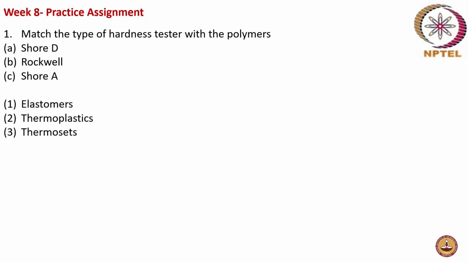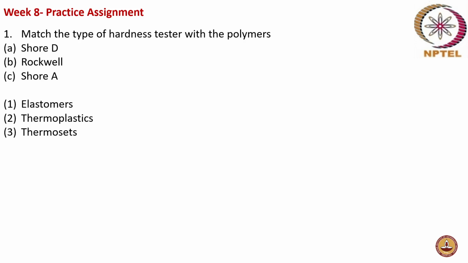The first question is, match the type of hardness tested with polymers. There are three different hardness testers and three different polymers given. One is the Shore D hardness tester, next is the Rockwell hardness tester, and the third is the Shore A hardness tester. We have to identify which of these hardness testers is used for which of these polymers.